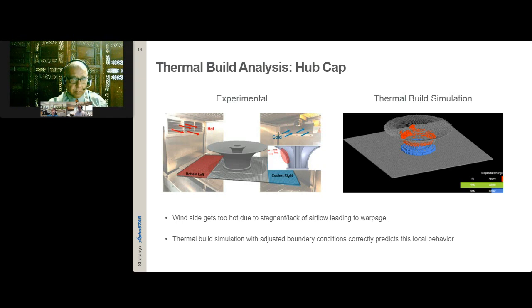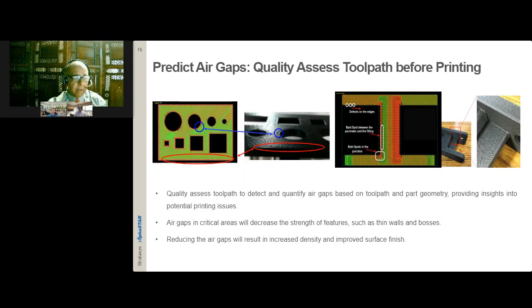We talked earlier about air gaps and how the quality of the part is affected not only by the lack of material, lack of deposition, lack of placement of materials on the boundaries, but also internally in terms of the complex part.